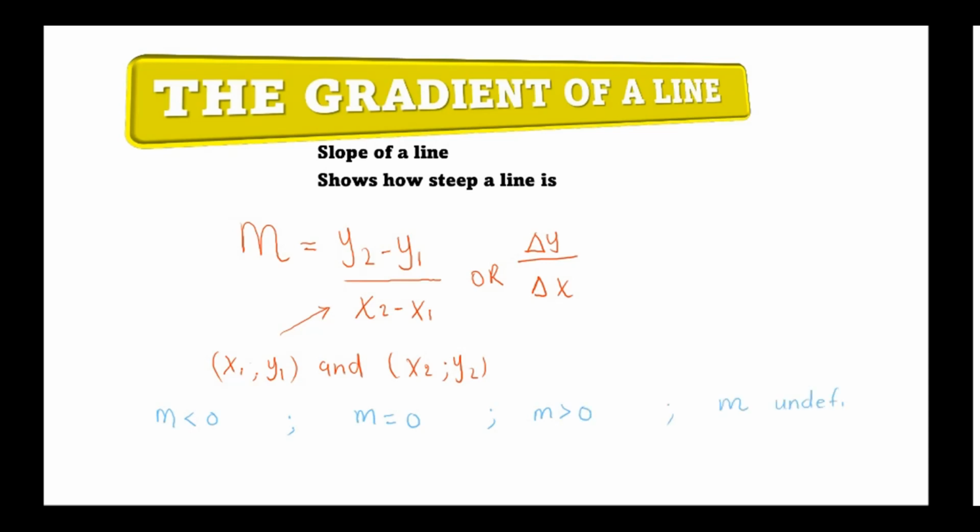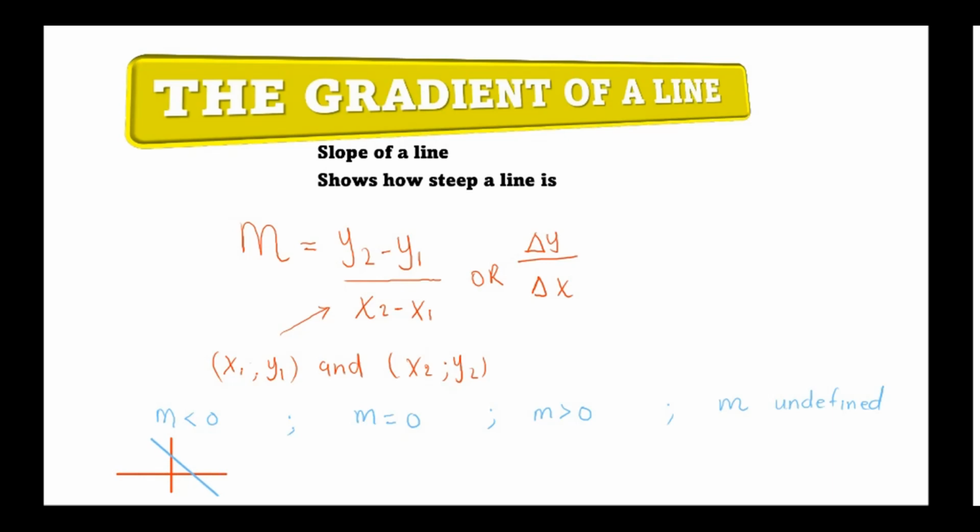So how would it look on a graph if your gradient is less than 0? You've got a graph there, and if you had a gradient that is less than 0, it would look something like that.